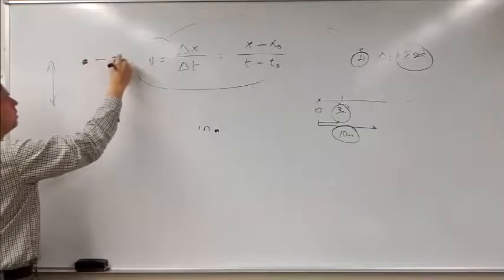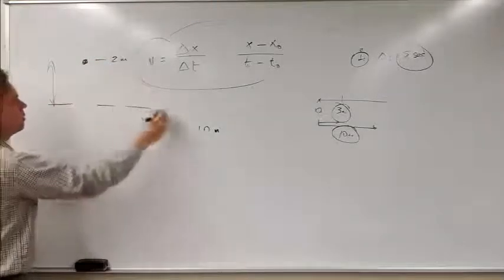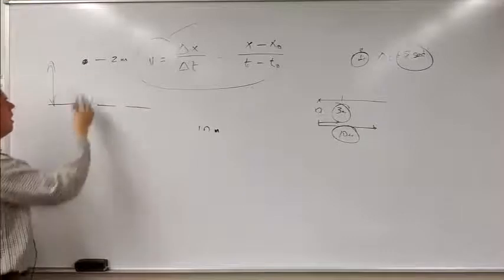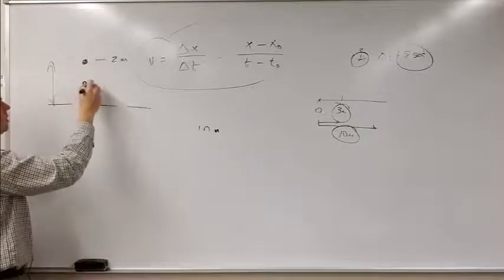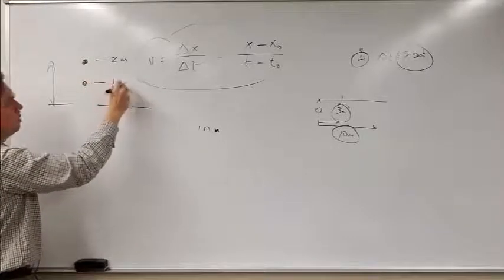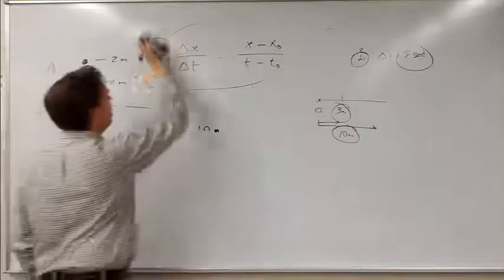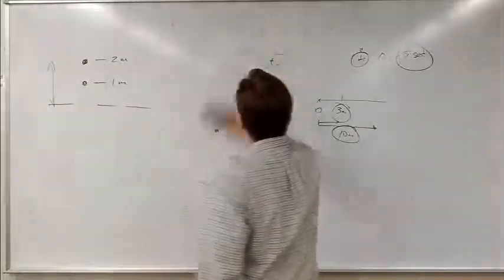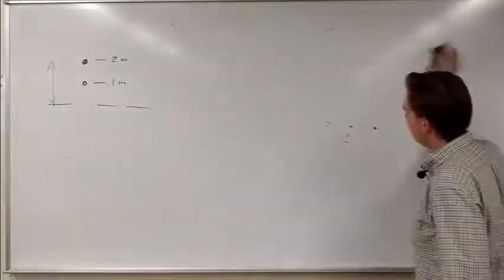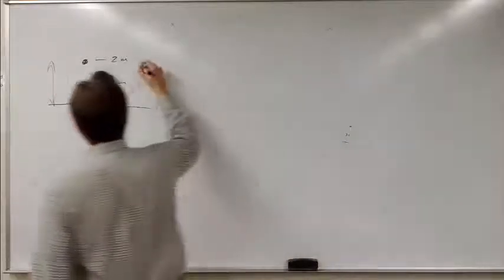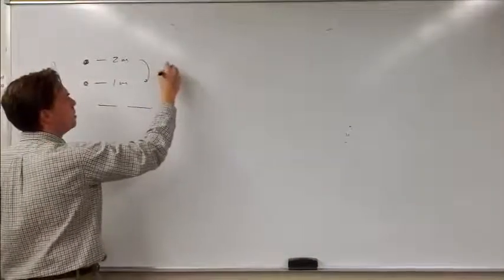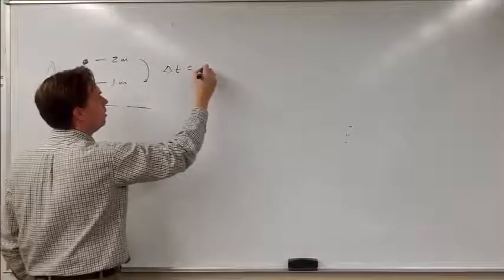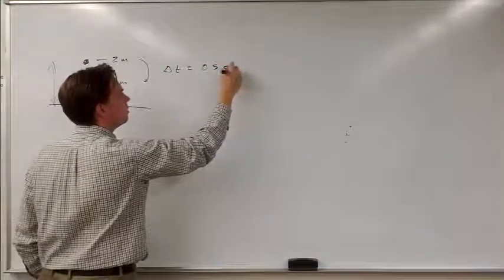So if the ball starts at 2 meters from the ground, and let's say it falls half the distance to 1 meter high, and there's a proper number for this, but for now, let's just pretend that that happens in 0.5 seconds.